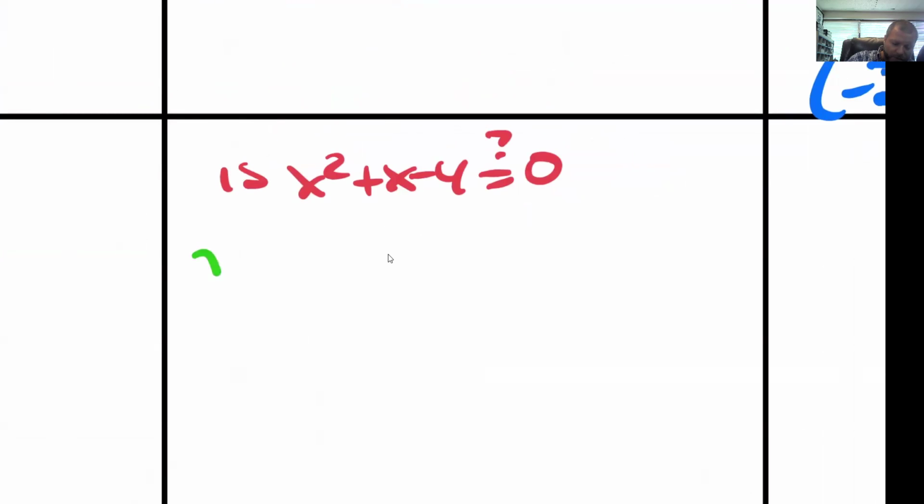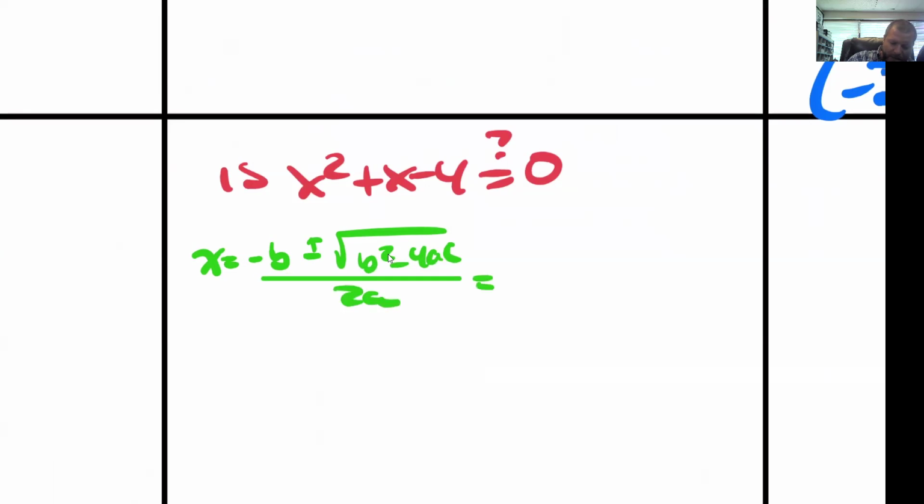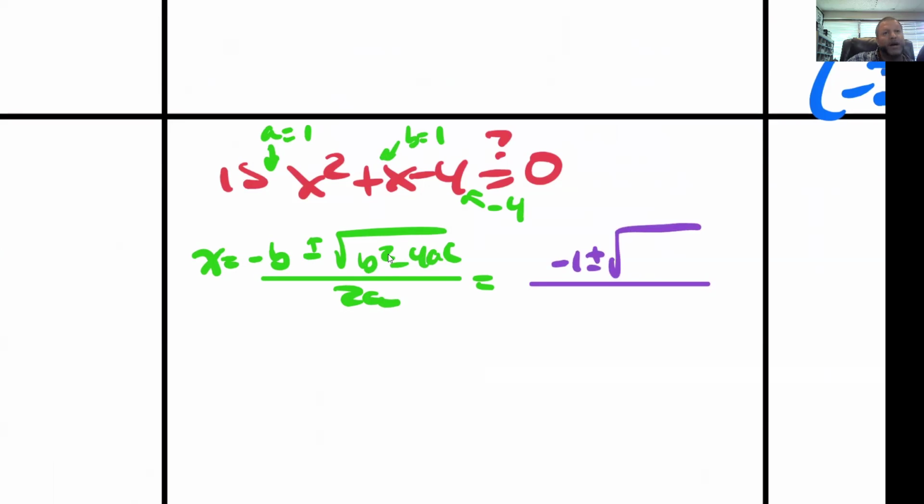So remember the quadratic formula: -b plus or minus the square root of b squared minus 4ac, all over 2a. My a is 1, my b is 1, my c is -4. So I'm going to get -1 plus or minus the square root of 1 squared, that's 1, minus 4 times 1 times -4, which is plus 16, all over 2 times 1.